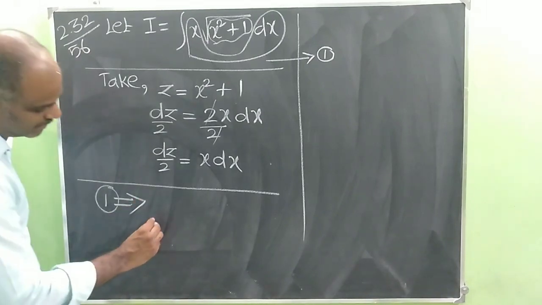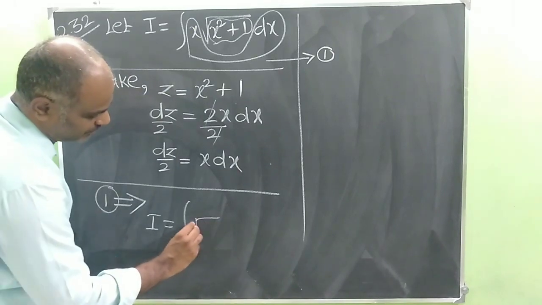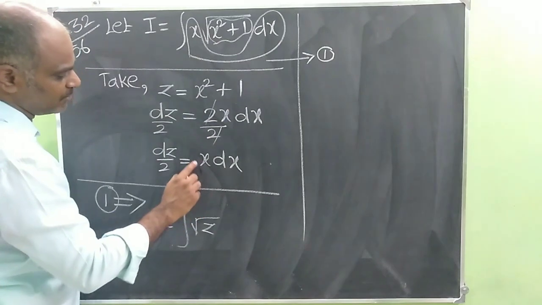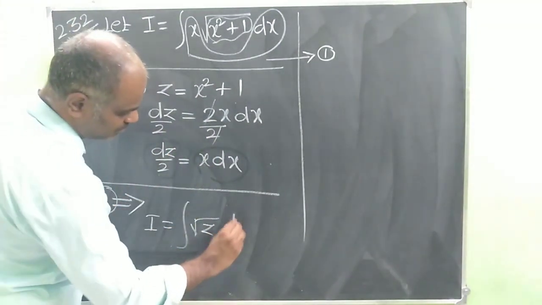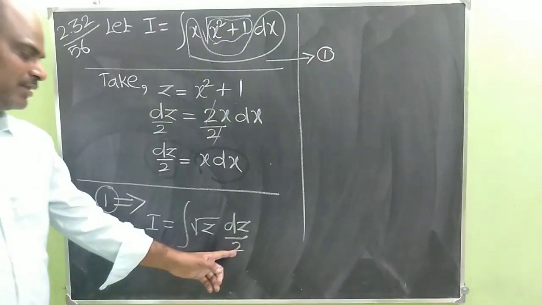Then 1 becomes equal to integration of square root of x squared plus 1, which is z, so square root of z. Next x dx equal to dz by 2. Next take this constant outside.